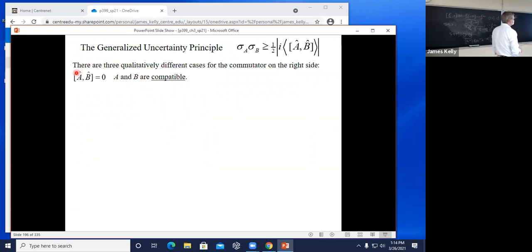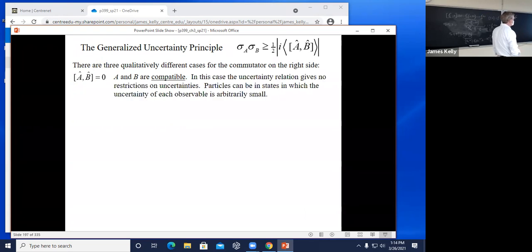Sort of the nicest case, the one we were just looking at, is where two operators are compatible, or the dynamical variables associated with them are compatible variables. In this case, we get no restrictions on the uncertainty, so it's sort of a boring uncertainty relation. And in this case, you can find states in which the uncertainty of one observable is arbitrarily small, or both observables is arbitrarily small.